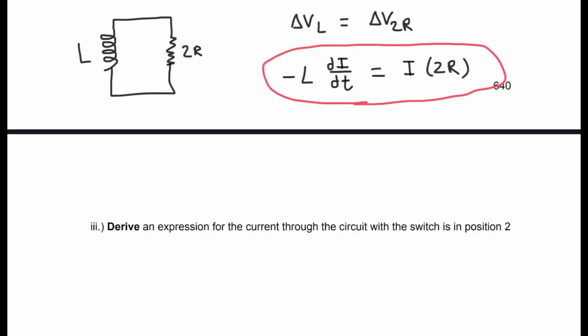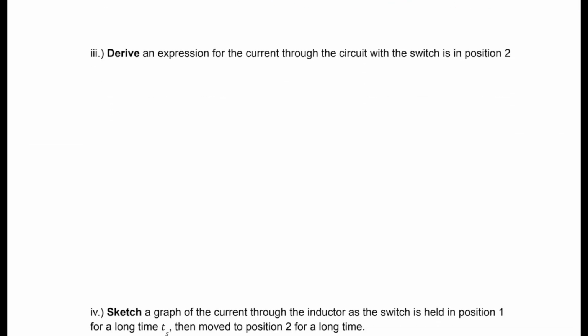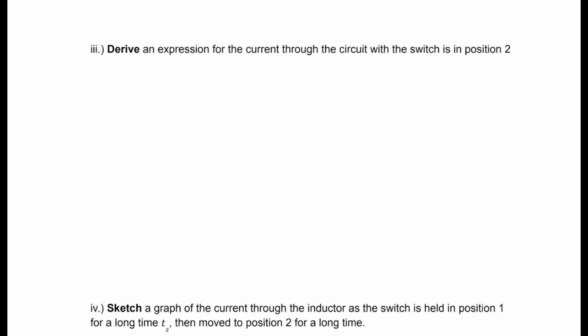All right, now on to actually solving this. So derive an expression for the current through the circuit as a function of time when the switch is in position 2. So we just said the negative L times di/dt is going to be equal to 2R times I. So this one's actually way easier to solve analytically, but it's almost easier to just see the answer.